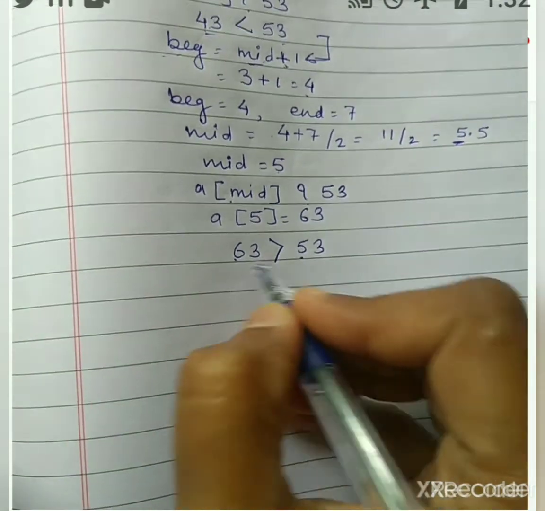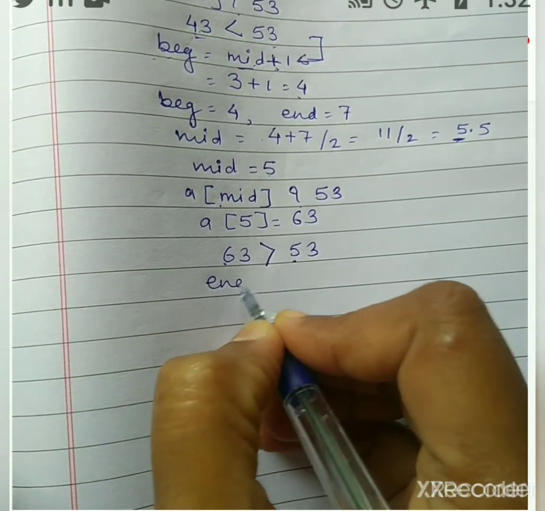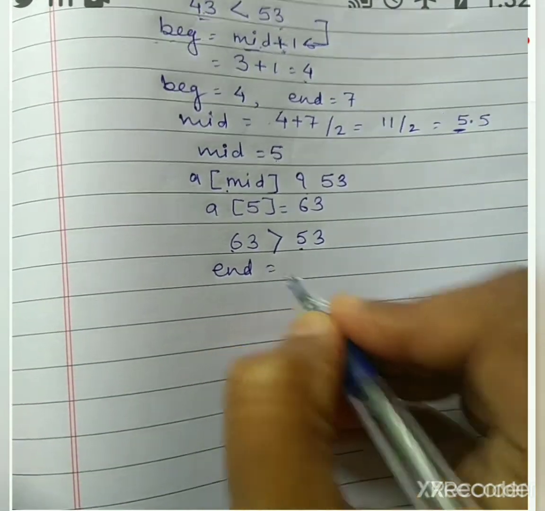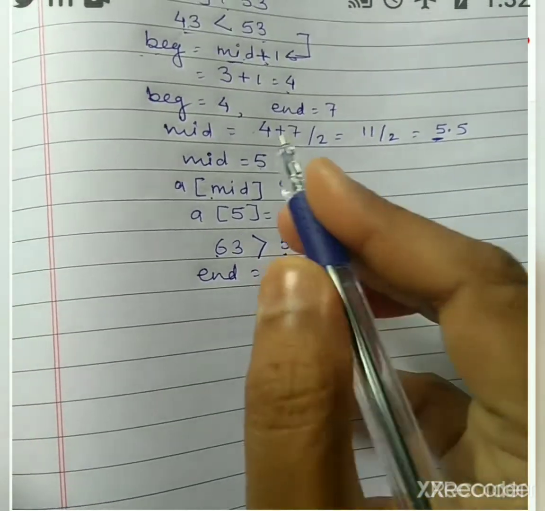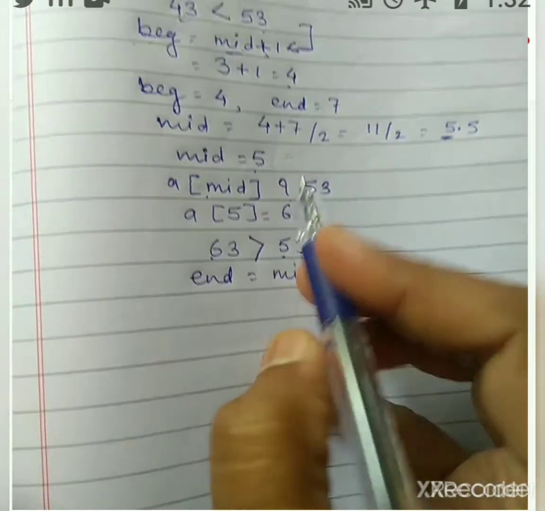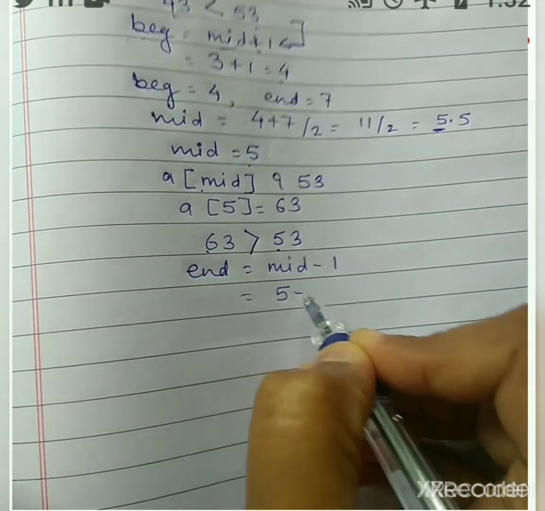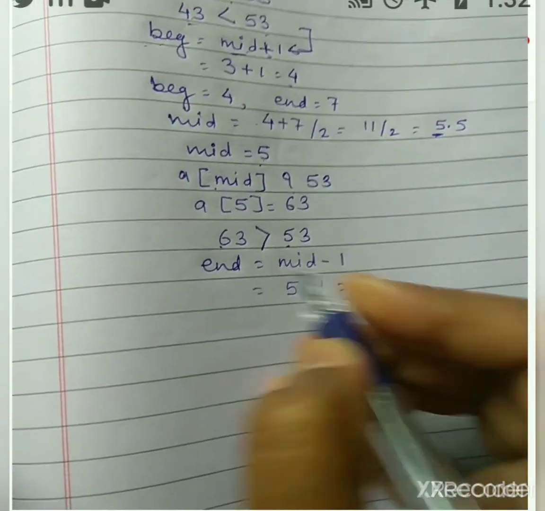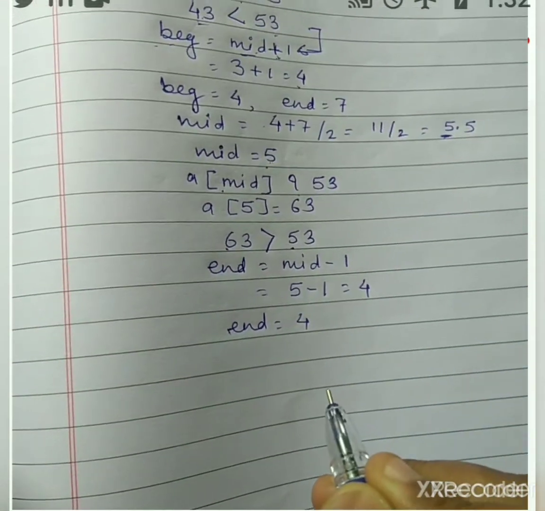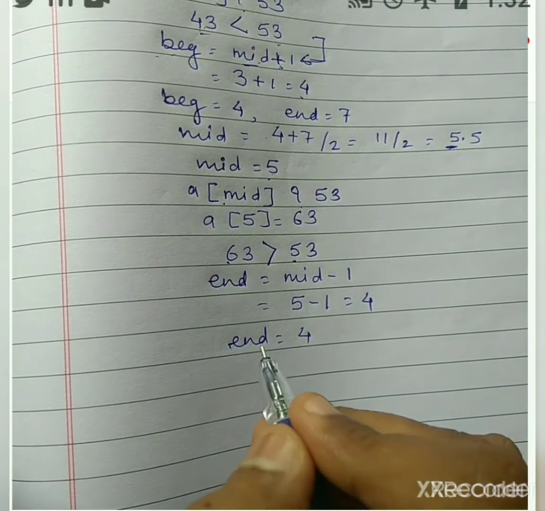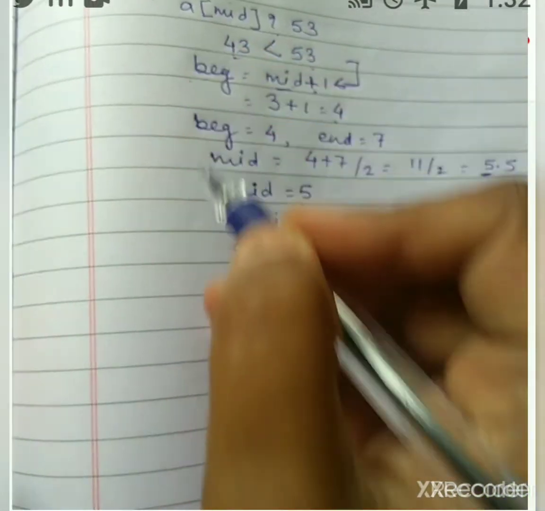So now end will be equal to mid minus 1. The value of mid is 5 minus 1, that is 4. So the new end is equal to 4. When we change the beginning or end, we have to recalculate the mid.